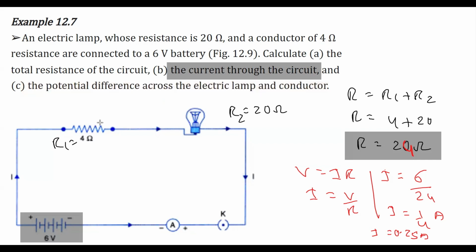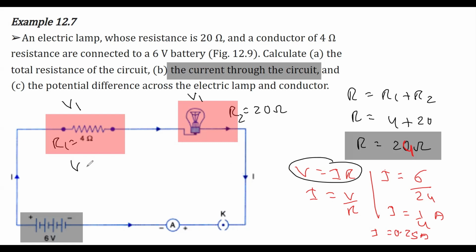Now next is the potential difference across the lamp. Okay, we have to get V over here and V over here. This is important to remember that V does not remain the same in series as these two are connected in series. So we'll have different V over here. Let's say I use V1 and V2. So again, applying Ohm's law, we can say that V is equal to IR.